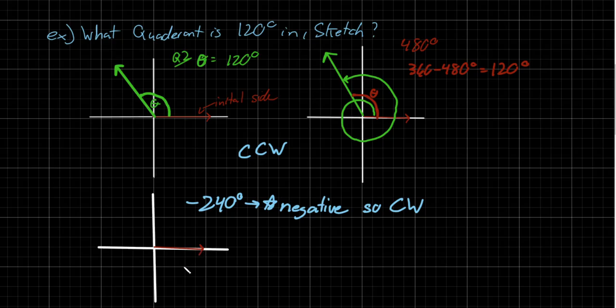I'm going to quadrant 4, and I'm going to keep going. Always start at 0 degrees, and then move over.